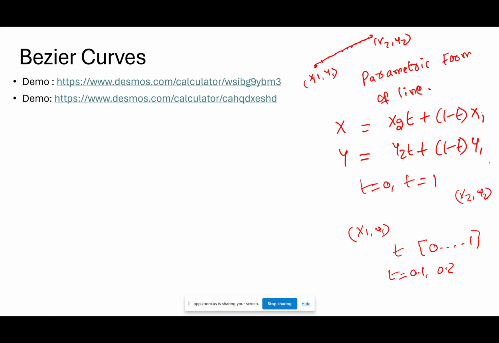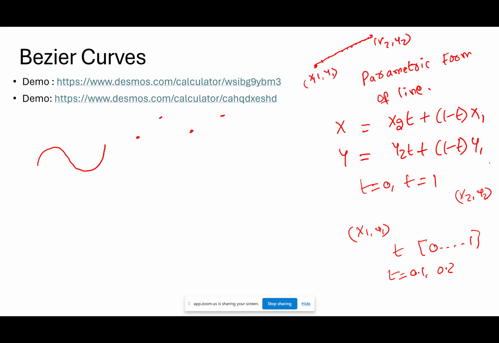Now, Bezier curves. What Bezier curves do is try to construct a curve. Given any 2 points or 3 points, it tries to construct a curve. Let's say I have given some three points.